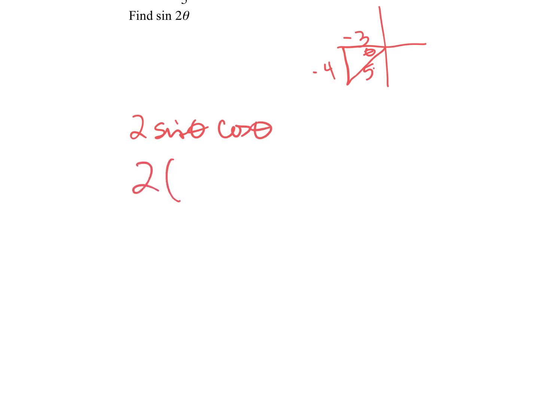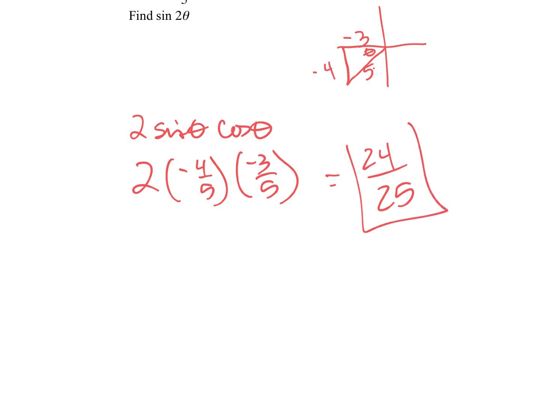And that's 2 times -4/5 times -3/5, which is 2 times 12, which is 24/25. And that is the correct answer.